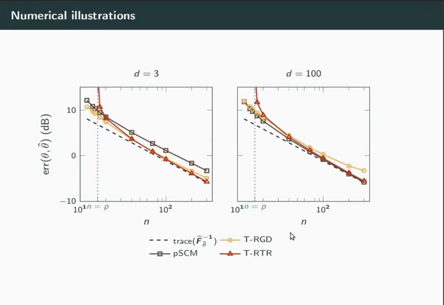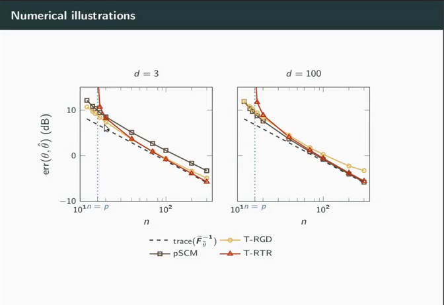So here it's a first order method, and here it's a second order method. And what we see is that the second order method, as soon as we get close to having as much data as the size of the matrices, doesn't work anymore in both cases. But it performs well when we have a lot of data.